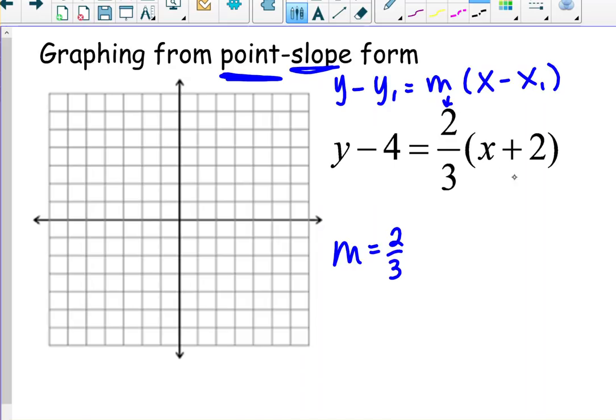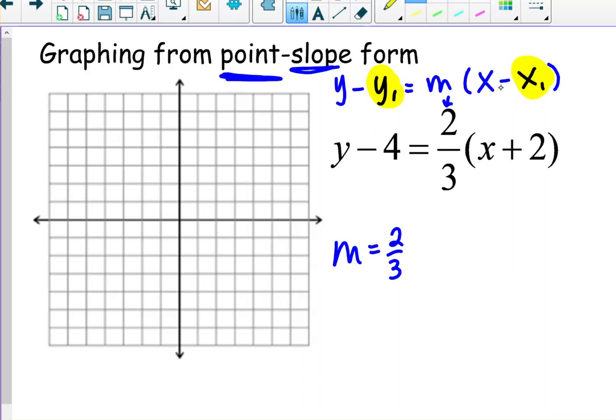It's always the number outside this quantity. A coordinate point is just any point on the graph, and that has to do with the x1 and the y1, because this is one point on the graph and there's an infinite number of points on a line.